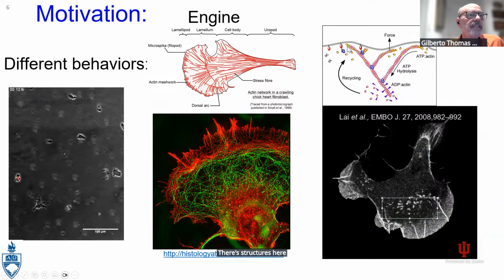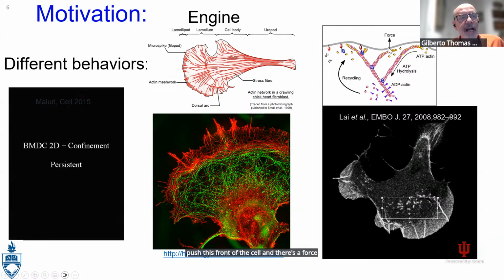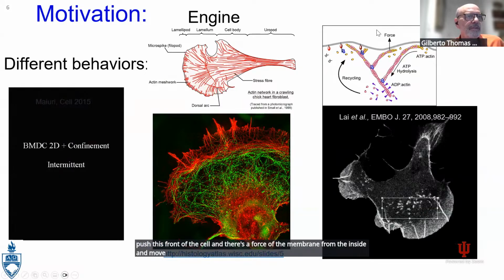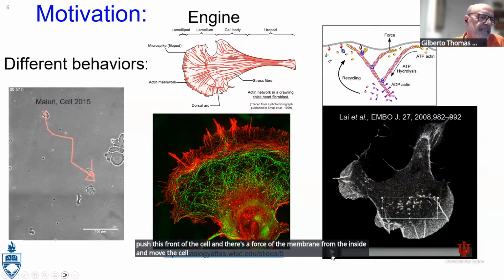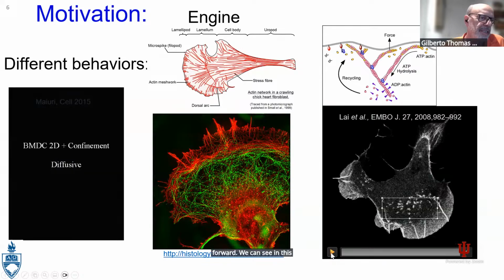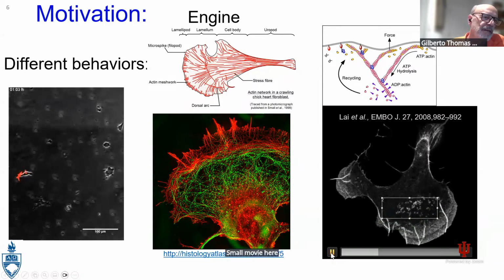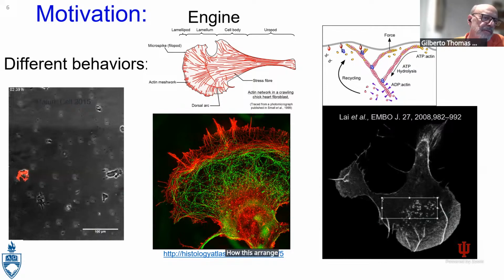This structure pushes the front of the cell, exerts a force on the membrane from inside, and moves the cell forward. We can see in this small movie how this arrangement of monomers occurs.